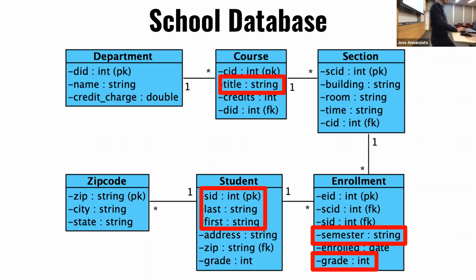It changes from time to time. They're usually the same structure though. They usually contain at least one one-to-many and at least one many-to-many, right? So here's a one-to-many. The enrollment is a many-to-many.